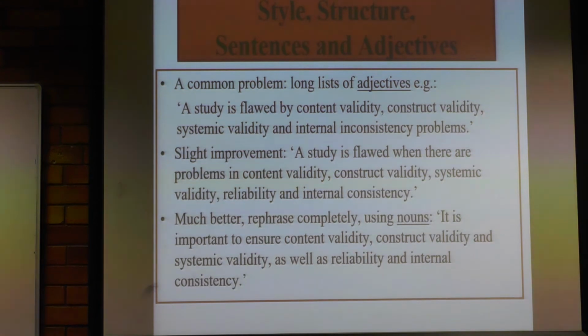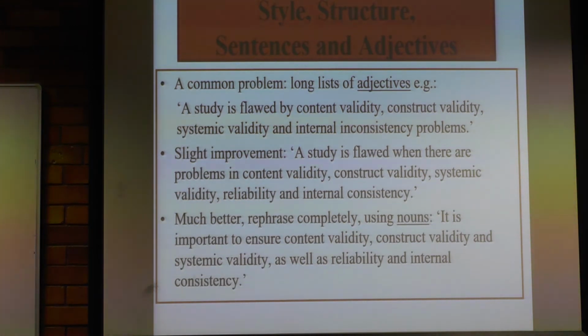But on the other hand, the last bullet, you could rephrase it completely using nouns. Look what a nice sentence the last bullet is. It is important to ensure content validity, construct validity, and systemic validity, as well as reliability and internal consistency. You see how I sort of grouped some things and I added as well as.